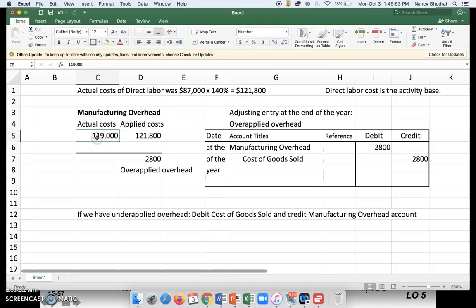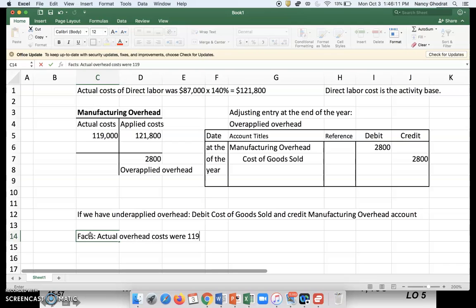And let's say the actual cost given to us during the year was 119,000. So these are the facts of the problem. Actual overhead costs were 119,000 for the year.